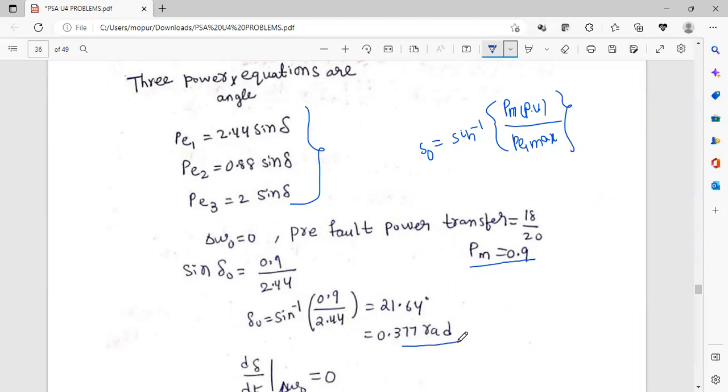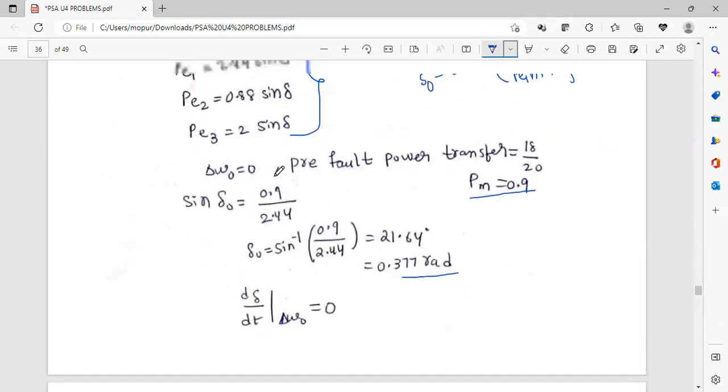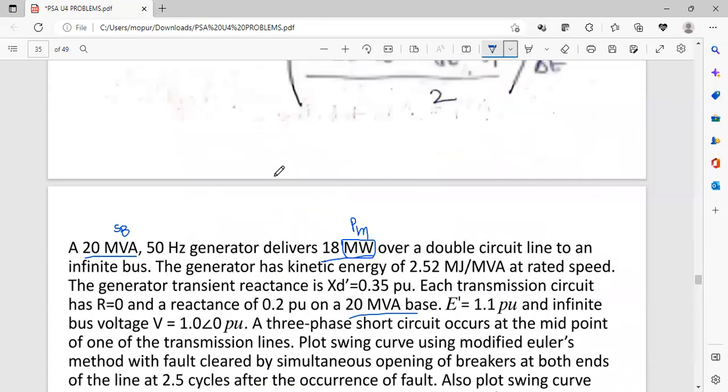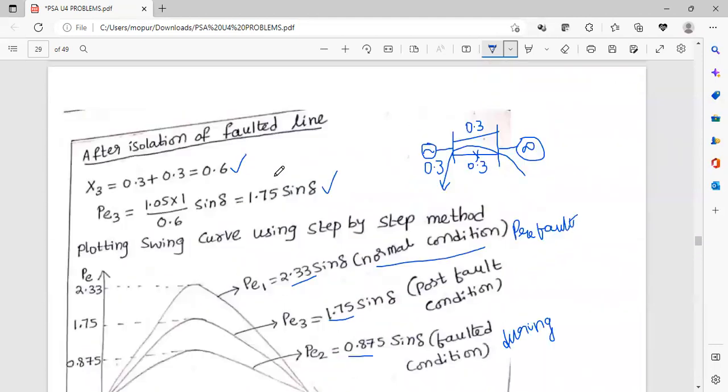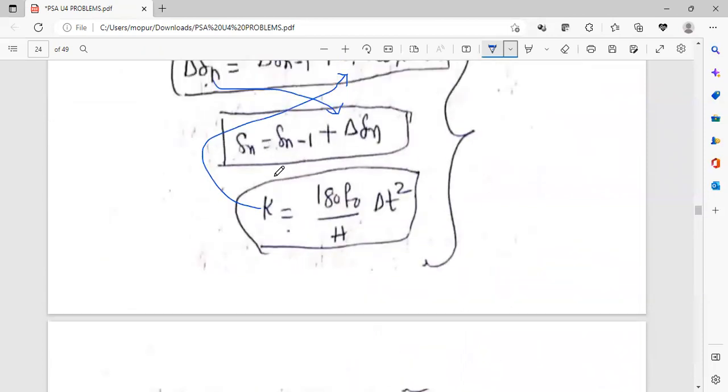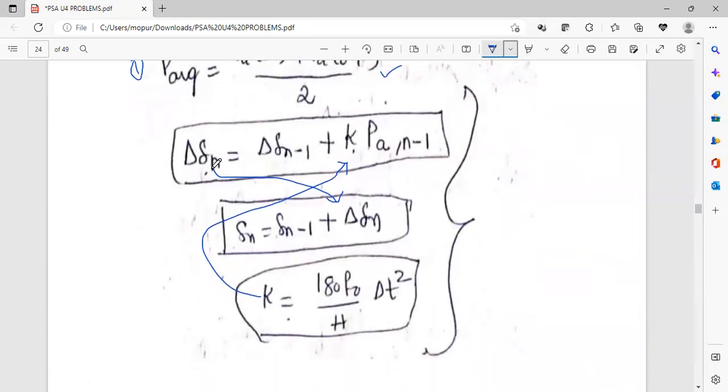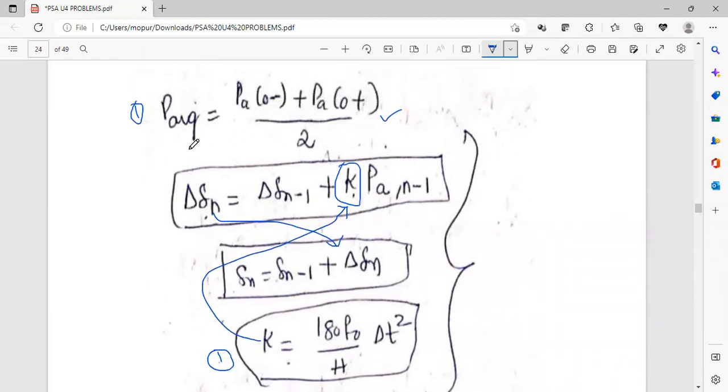In this modified Euler method, let me explain the concept first. I think the step-by-step method is clear. In the step-by-step method, we had the formula del n is equal to del n minus 1 plus k into PA n minus 1, where del n is equal to del n minus 1 plus the increment del n. So the first thing is you should find the value of k. The second thing is you can substitute the value of k here, and you need to find this PA n minus 1.